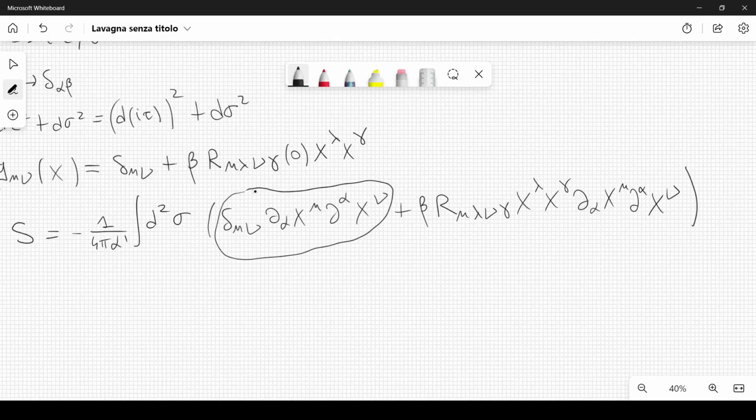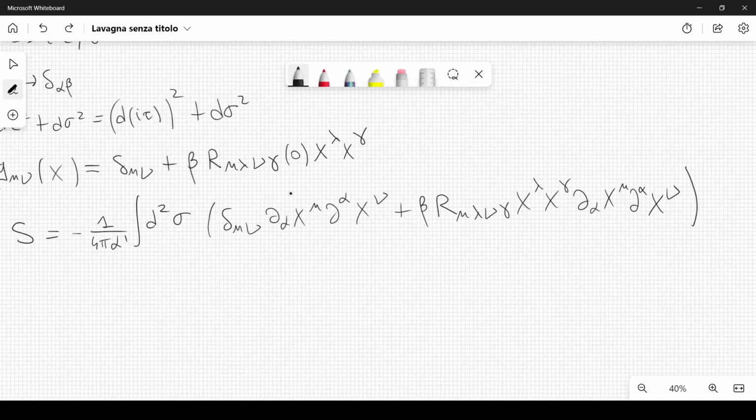So this term here is related to 26 independent scalar fields. If we only look at that part, it would lead to a free wave equation with the mass of the particle being zero, right? It's something that you can understand from this part of the action.